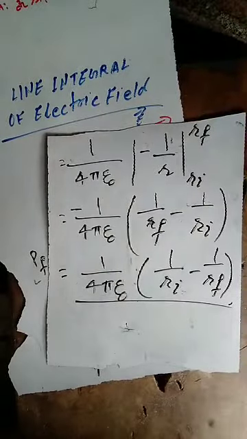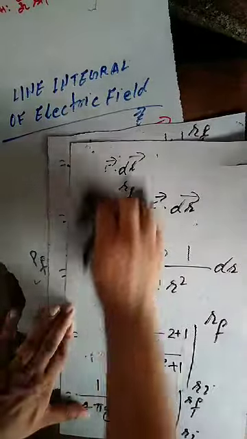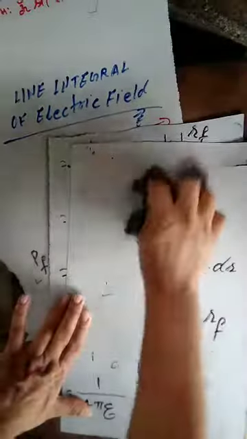This is your line integral. So we got that the line integral of electric field is position dependent only. That is, the line integral of electric field does not depend upon the path followed.